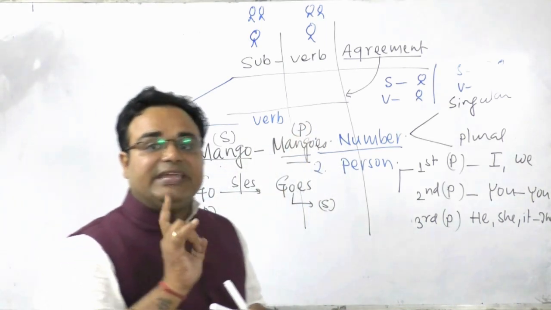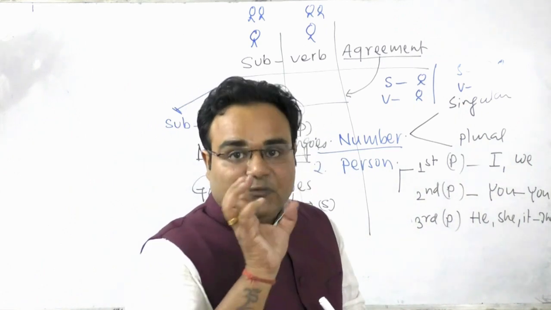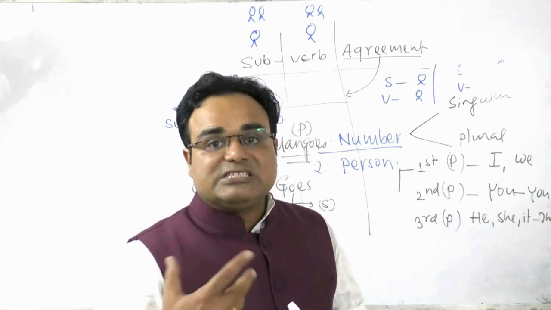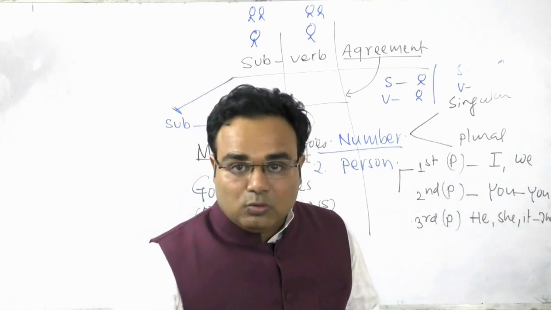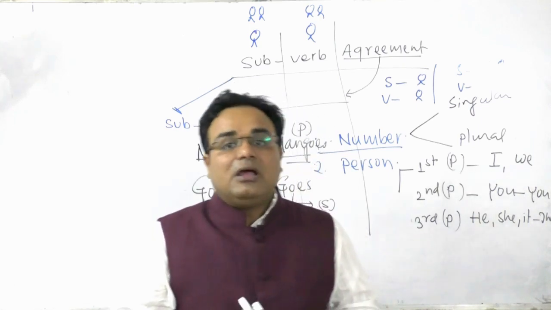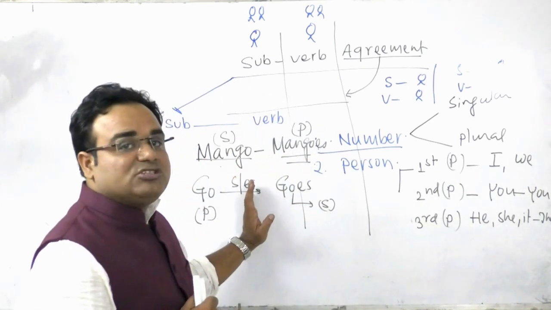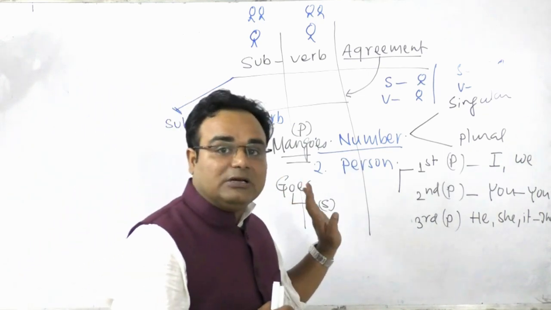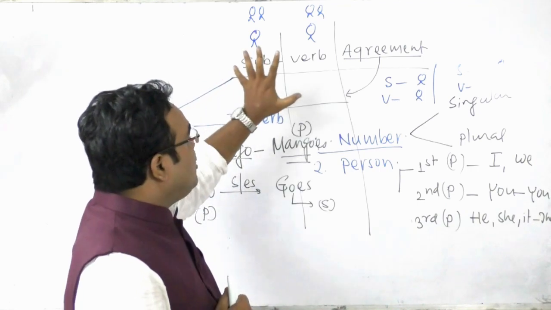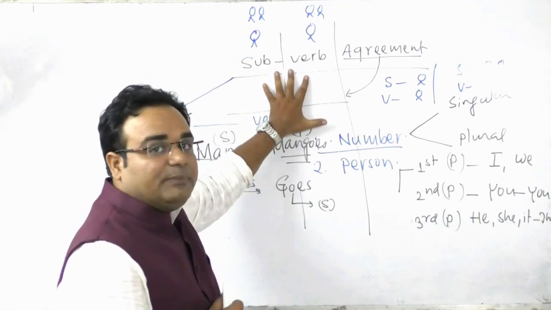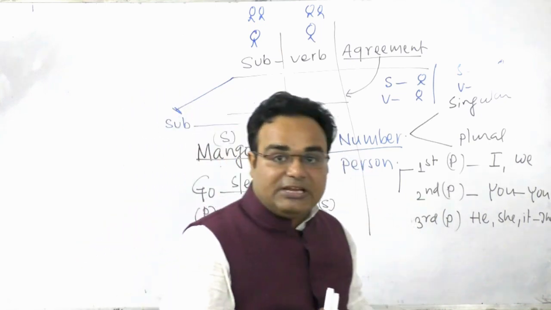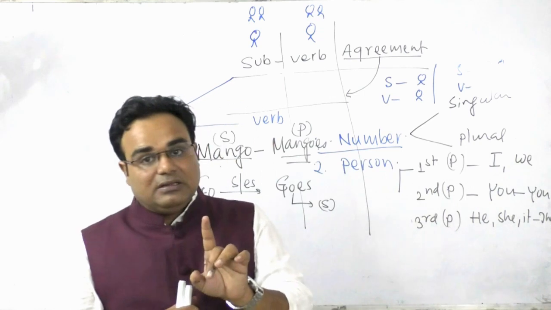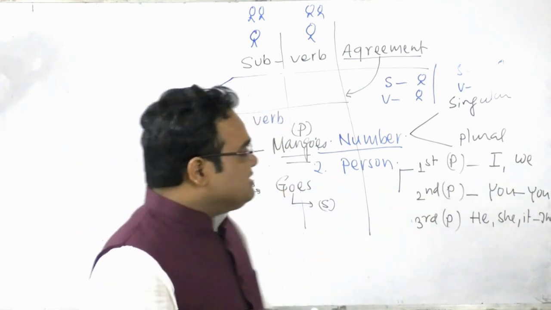So always remember the key concept: when we put s or es to a subject, obviously a noun, it becomes plural. But when we put s or es to a verb, it becomes singular, which I have written on the board. So the first basis of subject verb agreement is that if the subject is singular, the verb is also singular, and if the subject is plural, the verb is also plural.